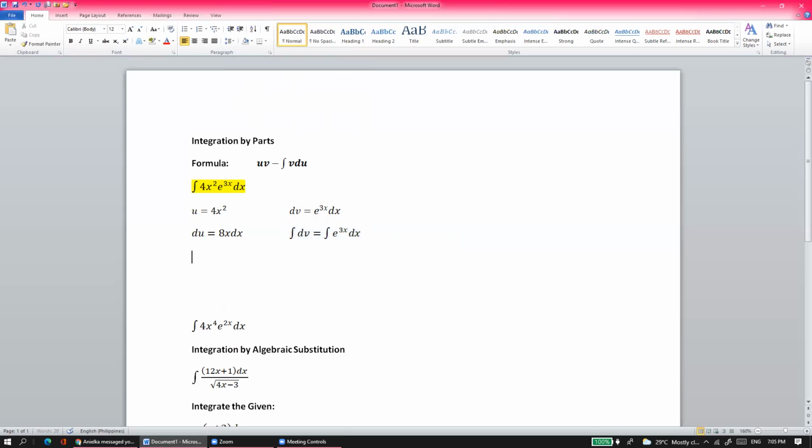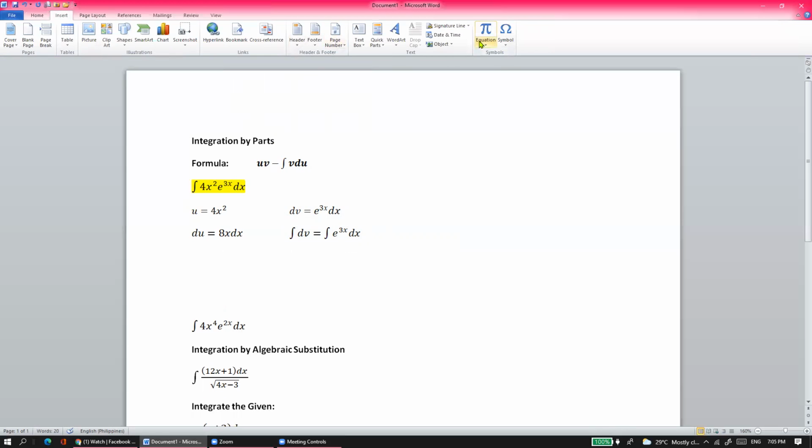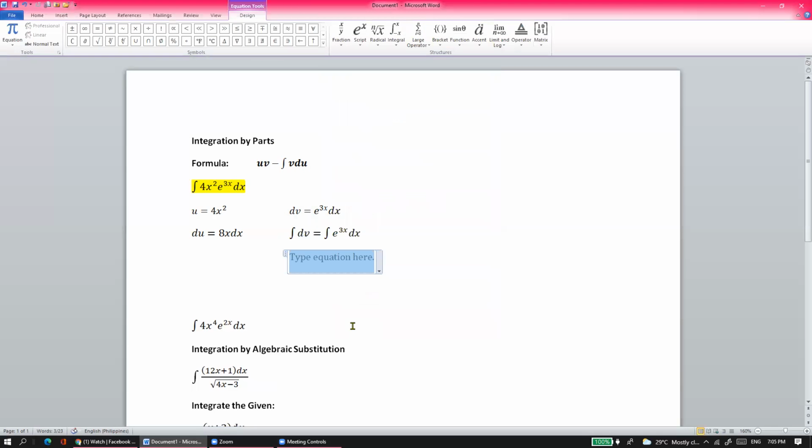And then, di pa dyan nagtatapos yan. So, proceeding tayo sa integral ng dv is equal to the integral of e to the 3x dx. As we all know that the integral of dv, that is automatically equal to v as in victory. So, ilagay ko dito, v is equal to.